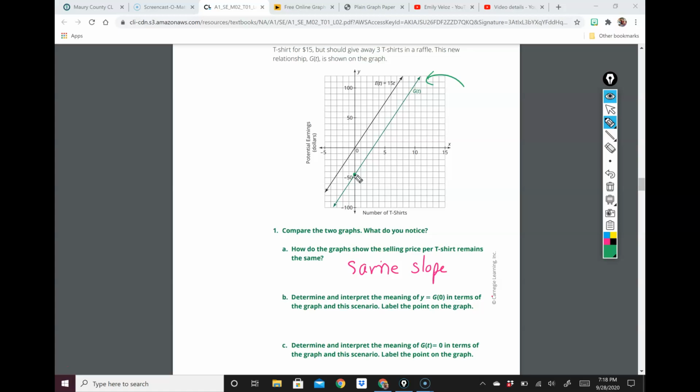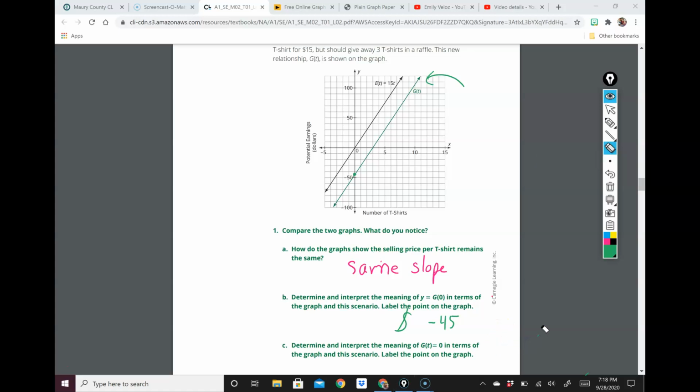We could probably guess to say a negative 45. It means that if no t-shirts were sold, Marilyn's potential earnings would be negative $45. This point does not make sense in terms of the situation.